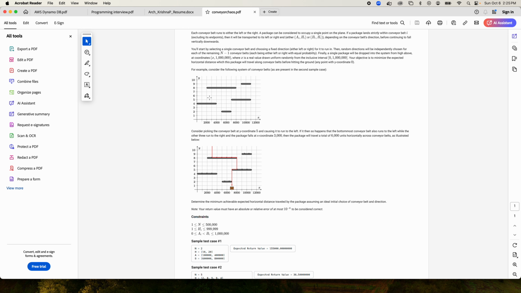So using the lead, you compute the travel distance for each belt. If this belt was fixed to go right, then the travel distance of this is nothing but the average of this belt's length plus the average of this belt's length in both directions, because this belt can travel in any direction with 0.5 probability.